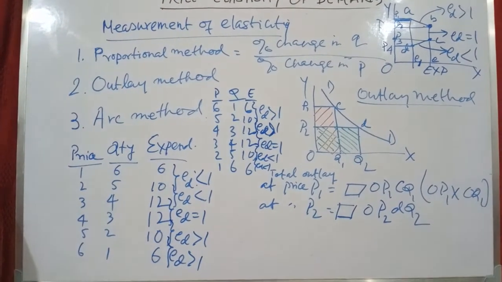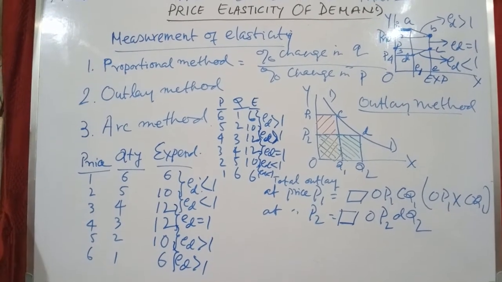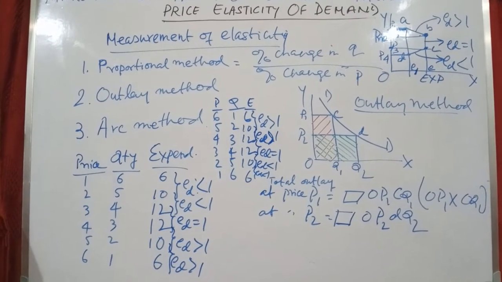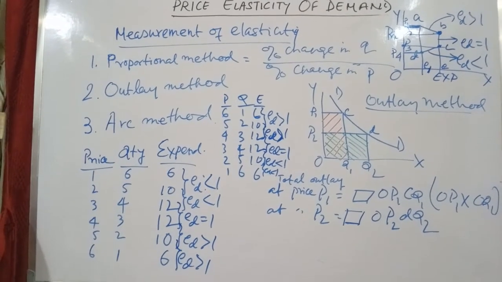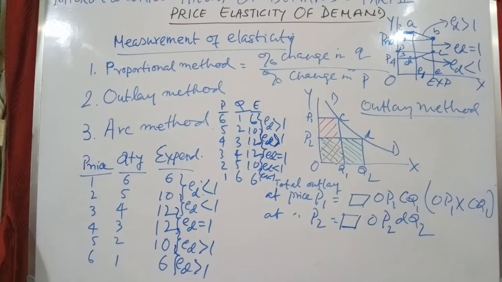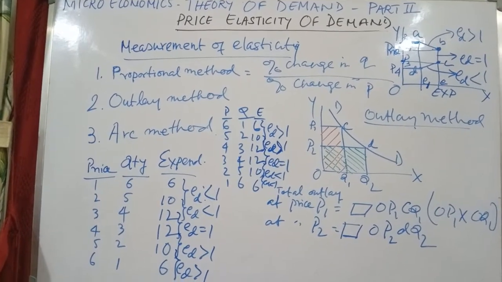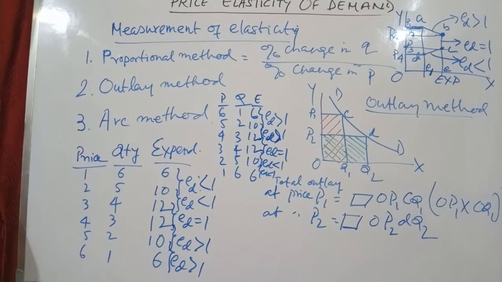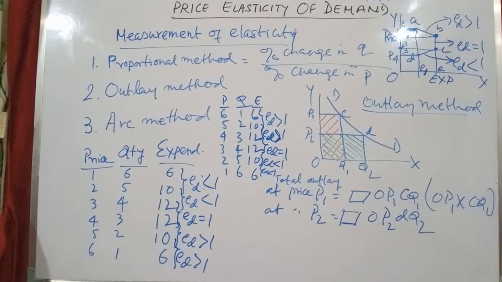If price falls, expenditure remains same, then elasticity is equal to 1. And when price falls, expenditure also falls. This means elasticity is less than 1. Right?